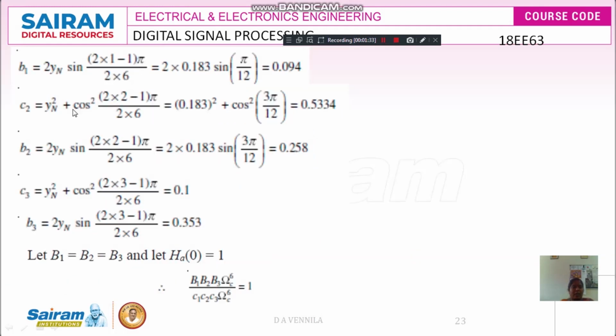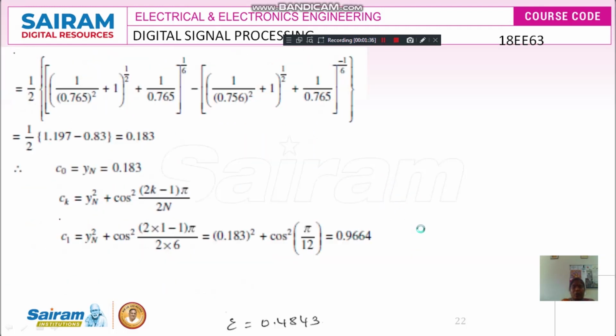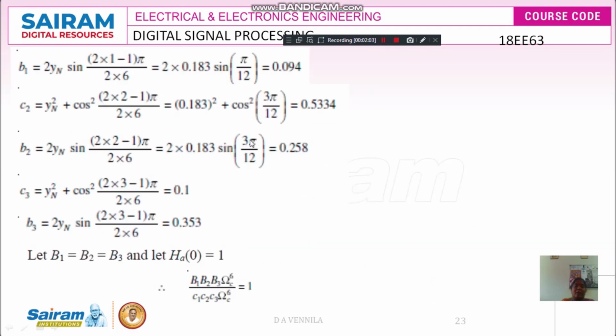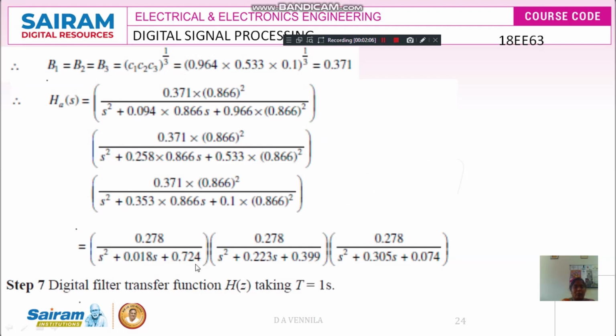The analog transfer function HA of S is equal to b1 omega c square divided by s square plus b1 omega c s plus c1 omega c square, into b2 omega c square divided by s square plus b2 omega c s plus c2 omega c square, into b3 omega c square divided by s square plus b3 omega c s plus c3 omega c square. We substitute the omega c, b1, b2 and b3 values and find the analog transfer function.